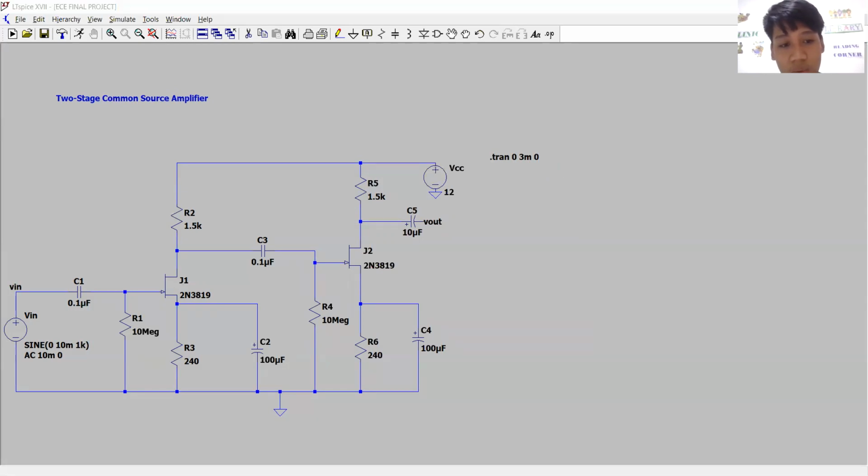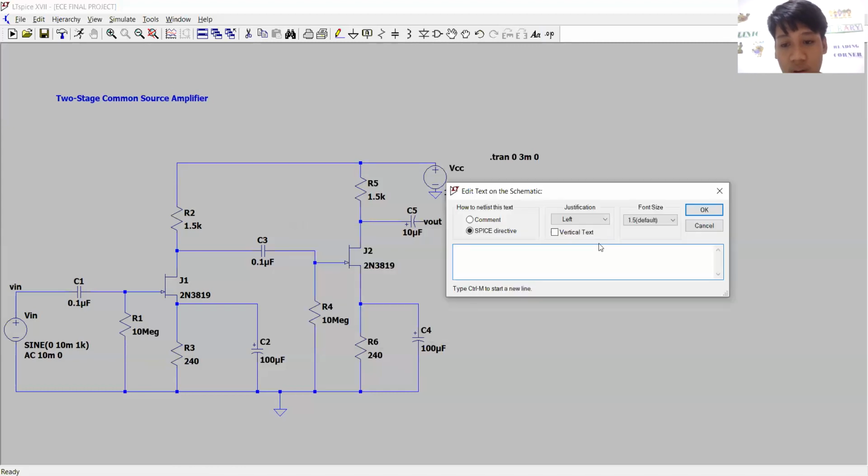With that, we are going to type these commands, which is measure run VIPP. This command is for measuring the peak-to-peak input voltage of the circuit.